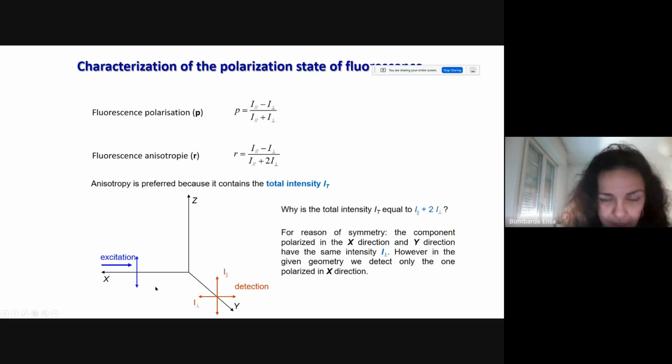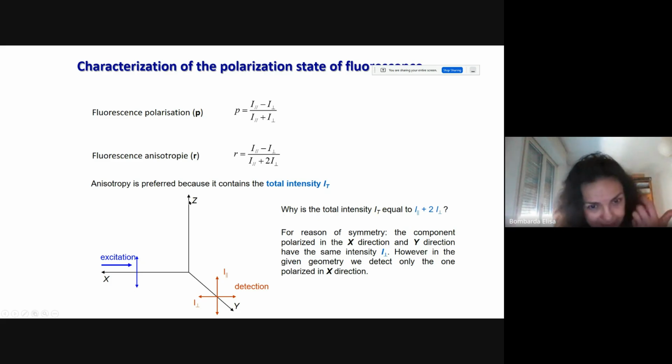So if we excite, for example, with the direction in the zeta axis, then we have the light, of course, as 3 components, x, y, and z. So then in principle, it's considered, and we detect in the y-axis.